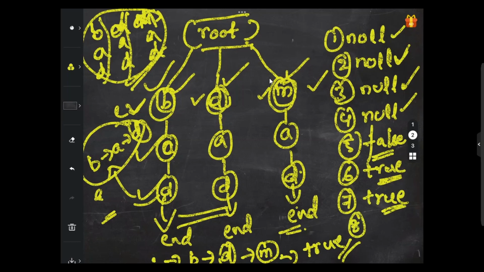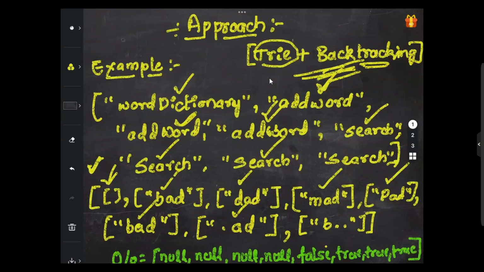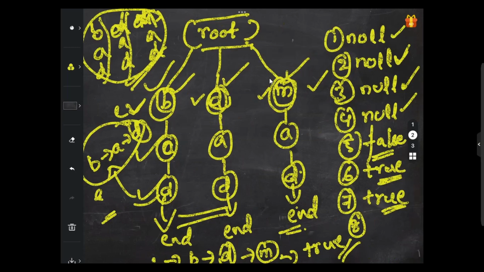Let's see the final one here, search of B followed by double dots. Here we are considering bad, B followed by double dot, right?